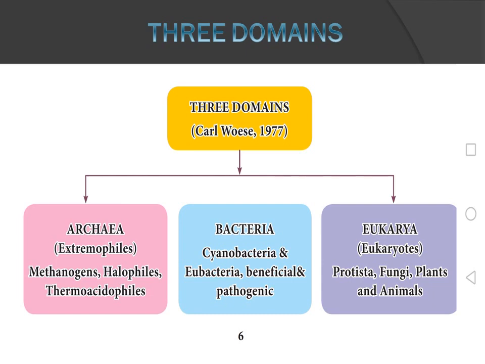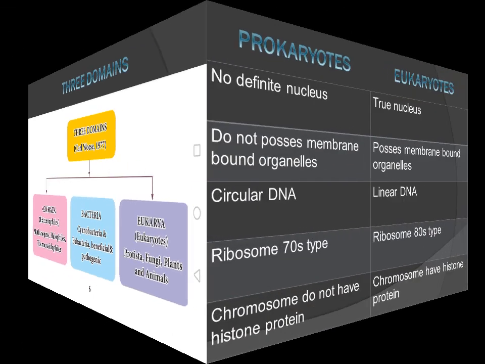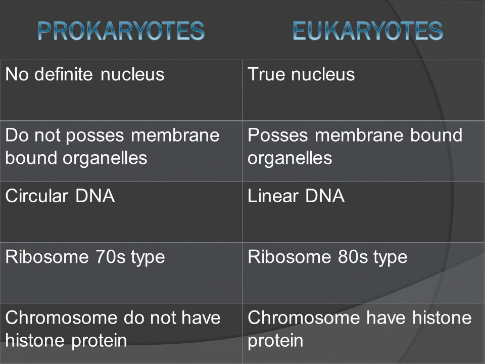Now we are going to learn a little more elaborately about these three taxa, archaea, bacteria, and eukarya. Is it fine? Okay. Before we learn about archaea and bacteria, we must know the difference between prokaryotes and eukaryotes.